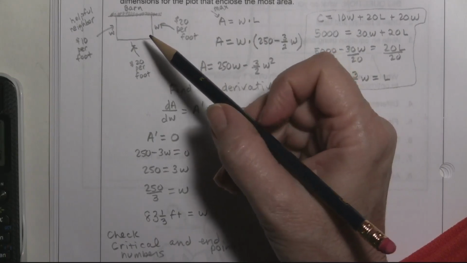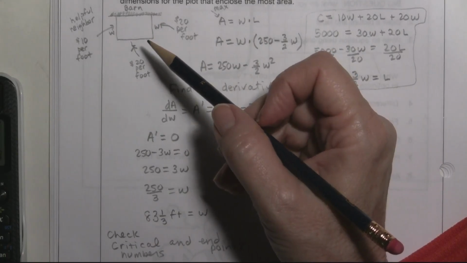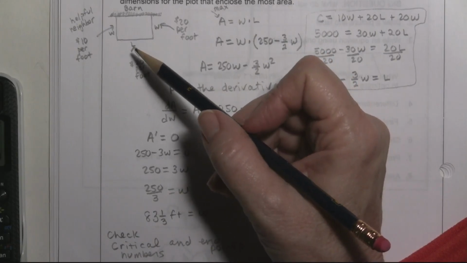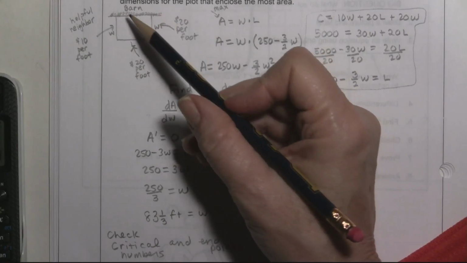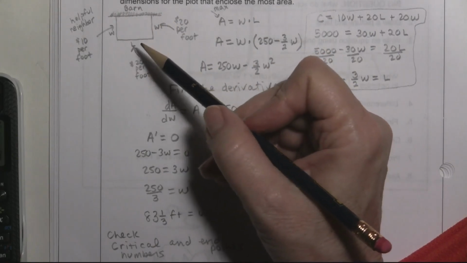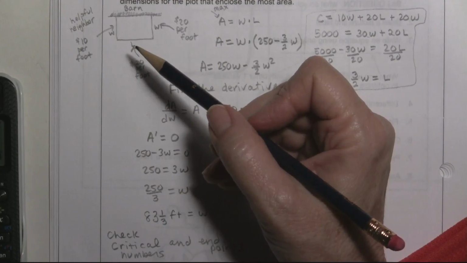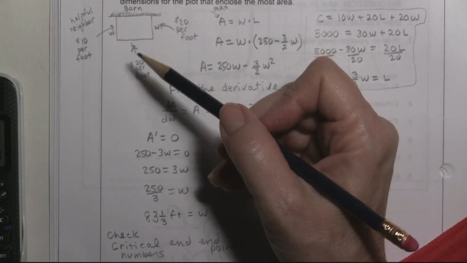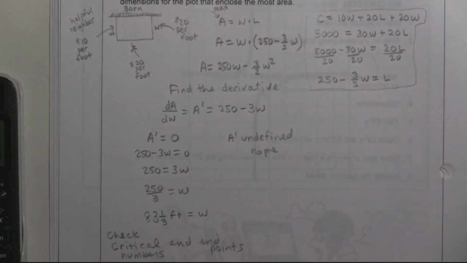And if I made W as large as possible, and that would be then using all my fencing on W going here and none across here, so L would be going to 0 and W would be getting as big as possible, then I wouldn't have a pen. So the endpoints a lot of times don't make sense.